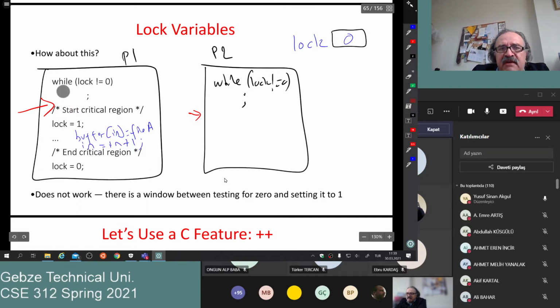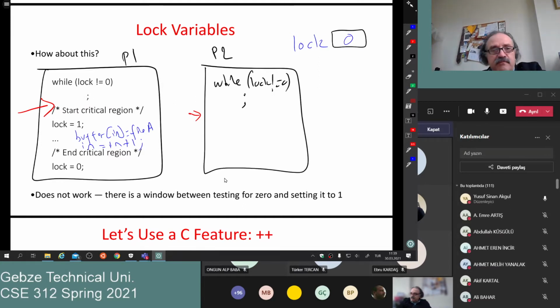So there is a while loop at the beginning. This while loop says that if lock is not 0, then I will be in an infinite loop. As a single thread, this doesn't make much sense, but I know that I have very similar code running with thread number 2.